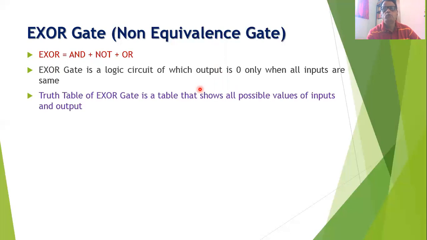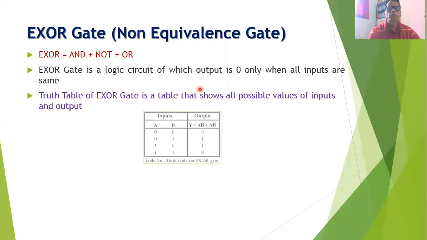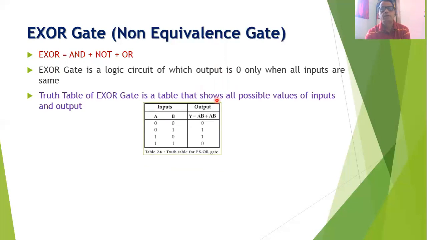Now we can give the truth table for the two input exclusive OR gate. In this truth table, you will find that there are two inputs A and B, and the output is Y. Inputs are 0, 0, 0, 1, 1, 0, and 1, 1. So there are 4 possible combinations. In case of exclusive OR gate, for 0, 0, the output is 0. For 0, 1, the output is 1.